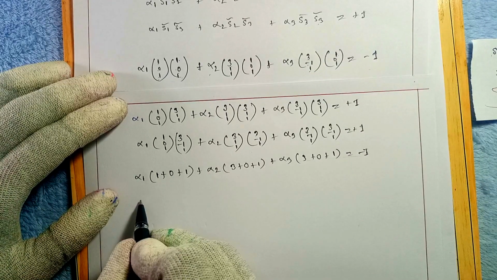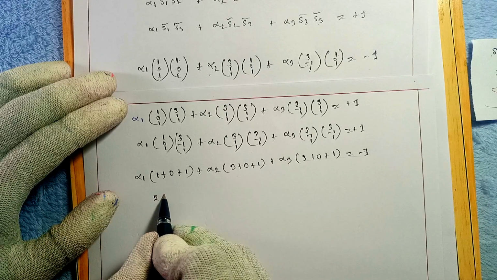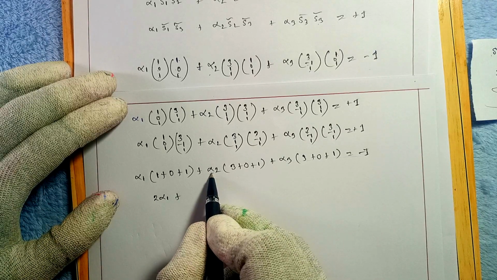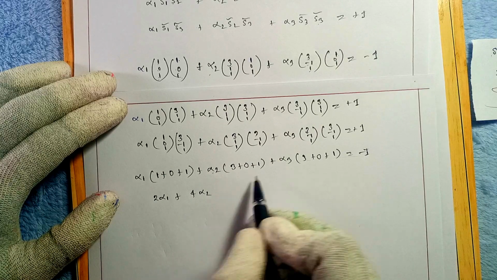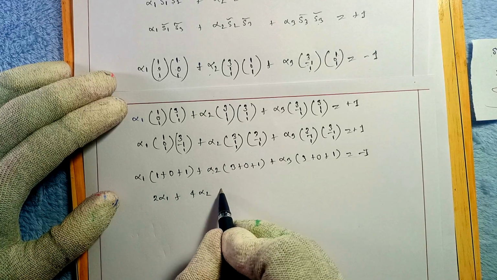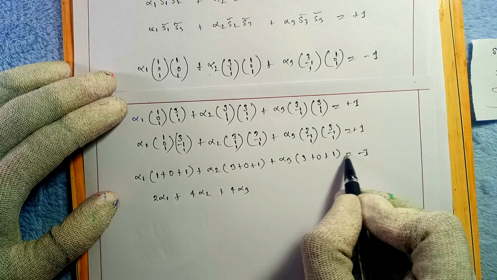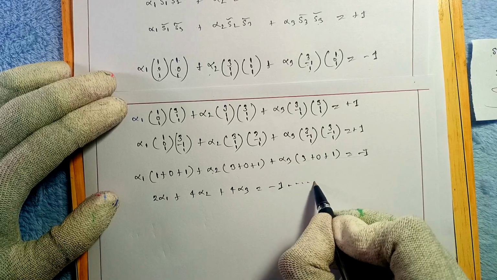From there we can find the value: 1 plus 1 is 2 alpha 1, plus this one alpha 2: 3 plus 1 is 4 alpha 2, then 3 and 1 is 4 alpha 3, then equal to minus 1. So this is equation number 1.